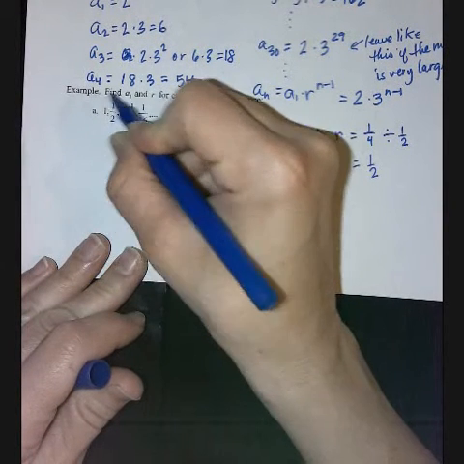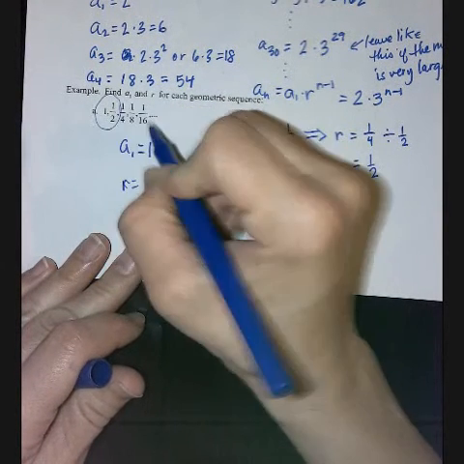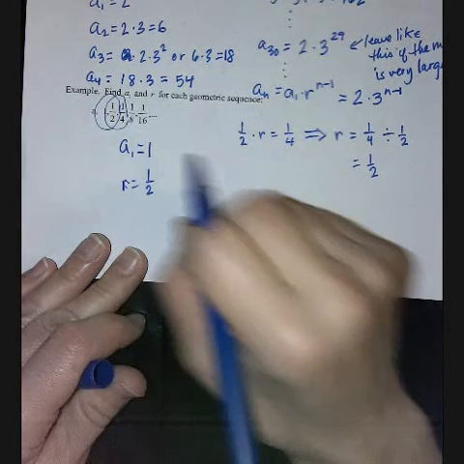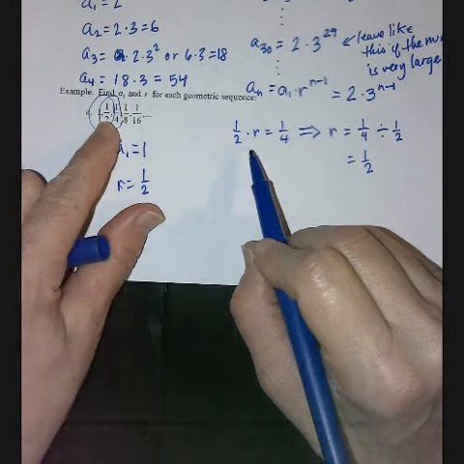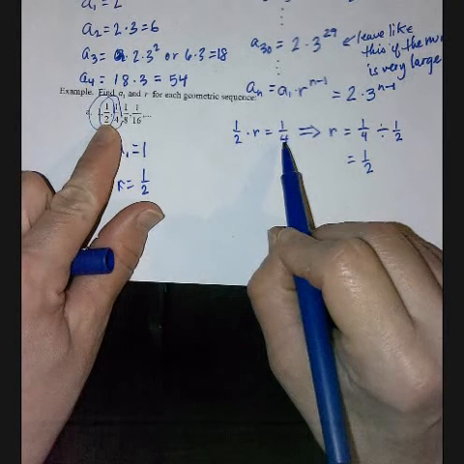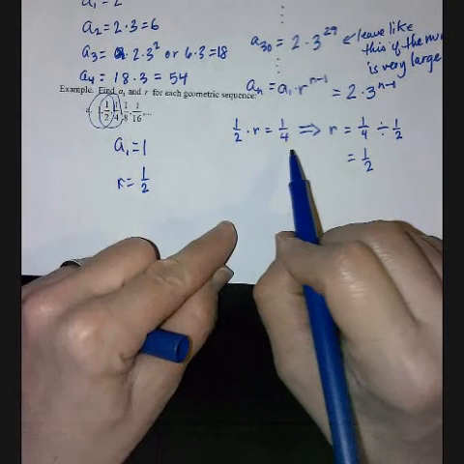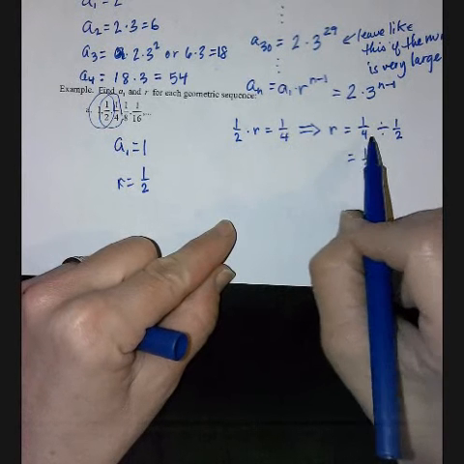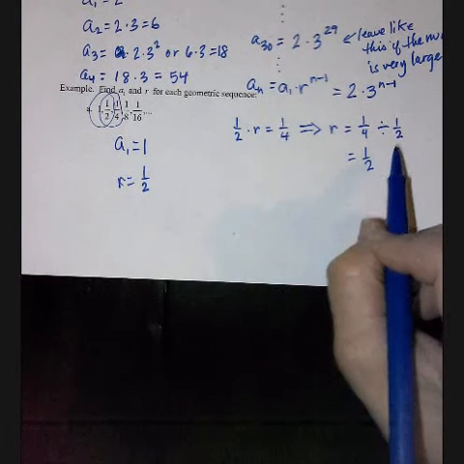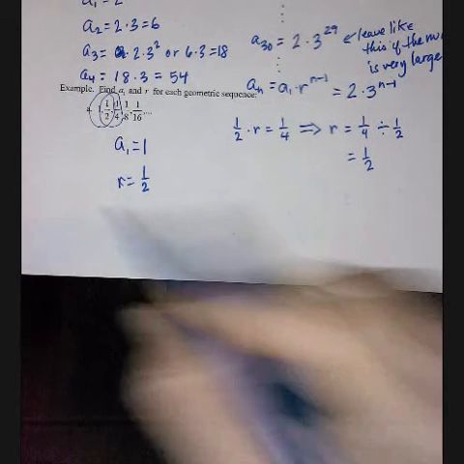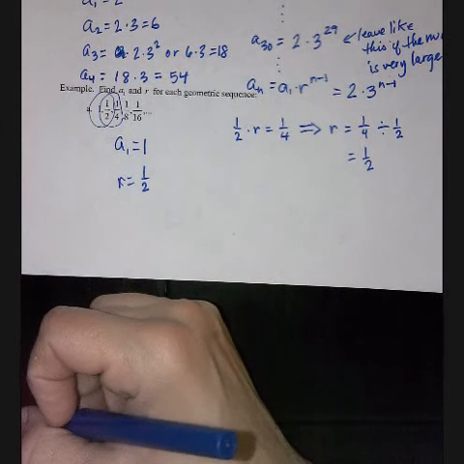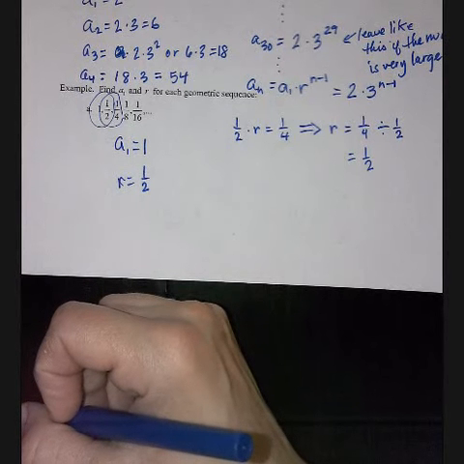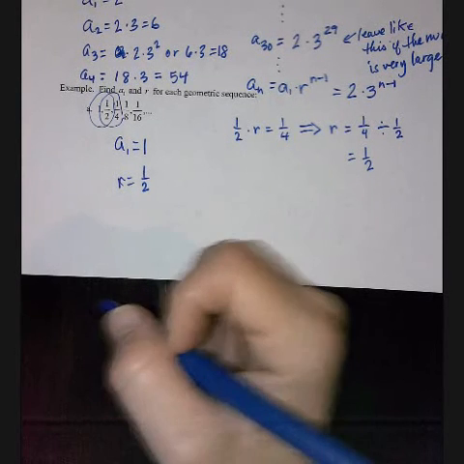If I use 1 and 1/2 or 1/2 and 1/4, that's what I used when I first did the video. 1/2 times r equals 1/4, so just divide both sides by a half. r is 1/4 divided by 1/2, or 1/4 times 2, which is 1/2. In this problem, I think it's pretty easy to see the pattern without doing that, but if you're ever not sure, that's something you could use.